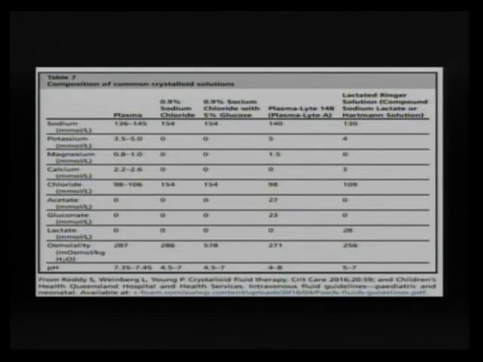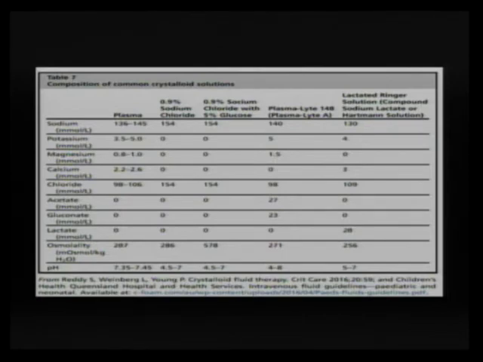Of these isotonic solutions, Plasma-lyte and lactated ringers are most physiologic to plasma. It doesn't show hypotonic fluids, but hypotonic fluids are pretty easy to figure out. Your half normal saline is going to be just 77 millimoles of sodium, 77 of chloride, and your quarter normal is going to be 34 of sodium, 34 of chloride.